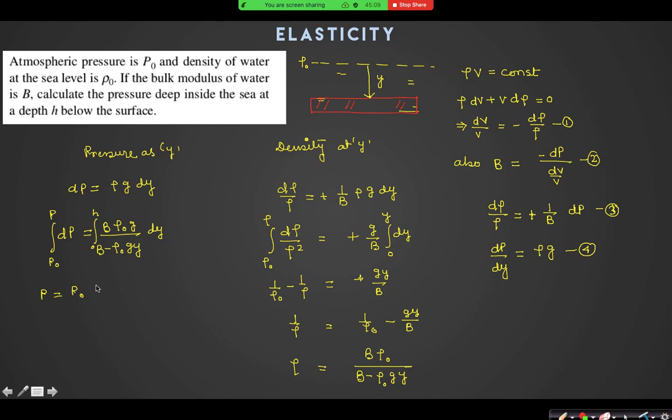If I take minus 1 by rho naught g, it will be minus b only into ln of b minus rho naught gh divided by b minus 0. So that should be your answer. Pressure at a depth h is equal to p naught minus b into ln of 1 minus rho naught gh by b. That should be your answer of this question.